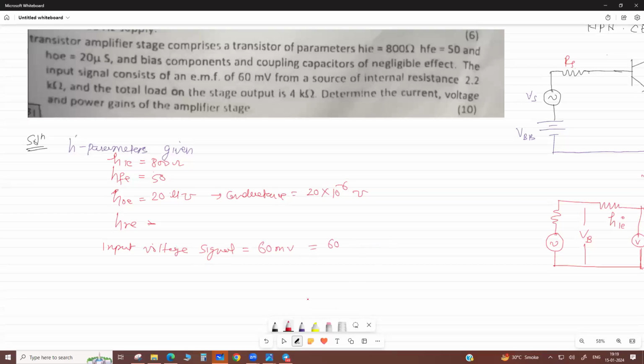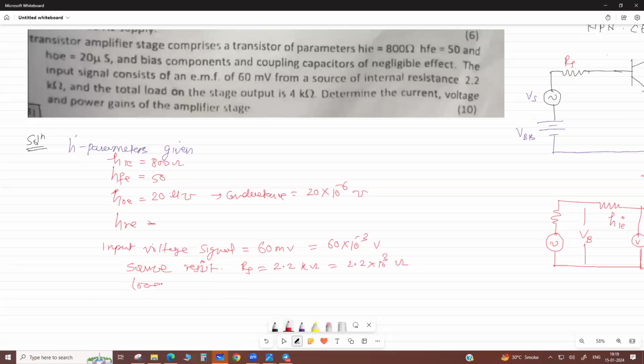The source resistance RS is given as 2.2 kilo ohm, or 2.2 into 10 raised to power 3 ohm.